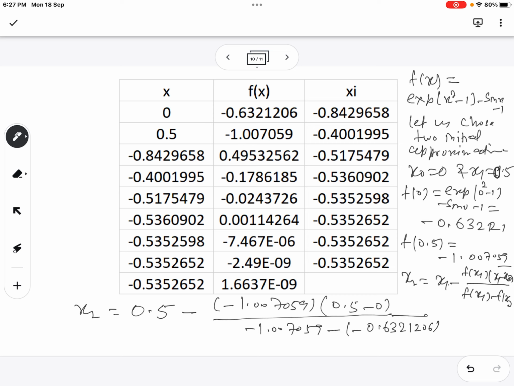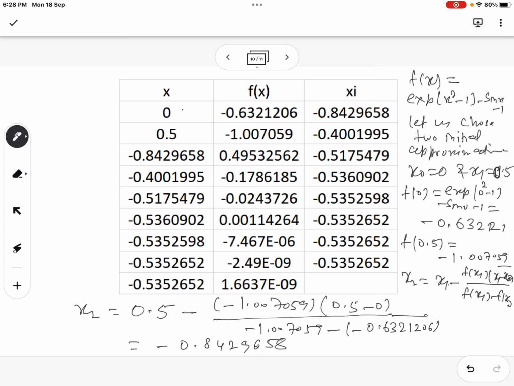And so if we solve it, we get it equal to minus 0.8429658.